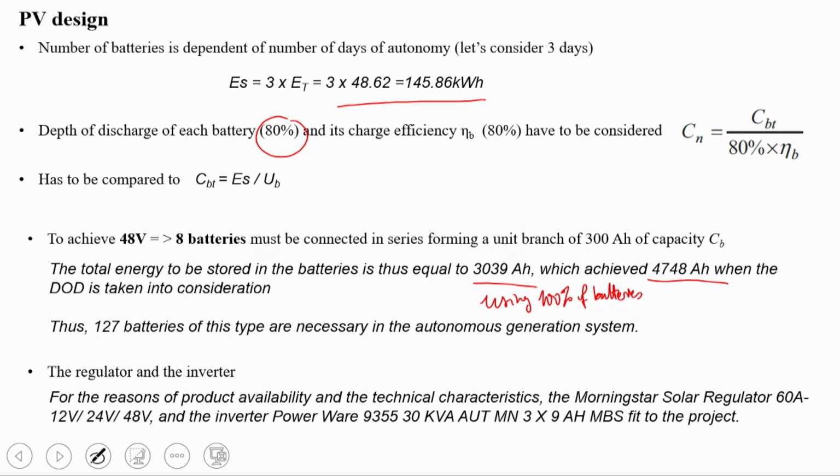And if you consider that you use only 80% of the battery, you measure this. So thus, we need 127 batteries.